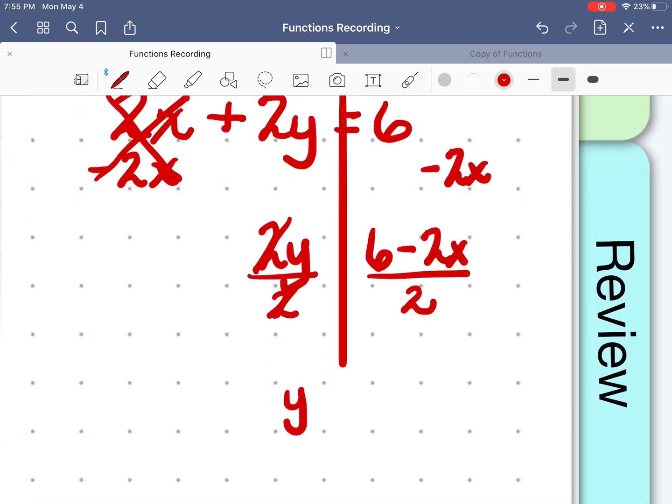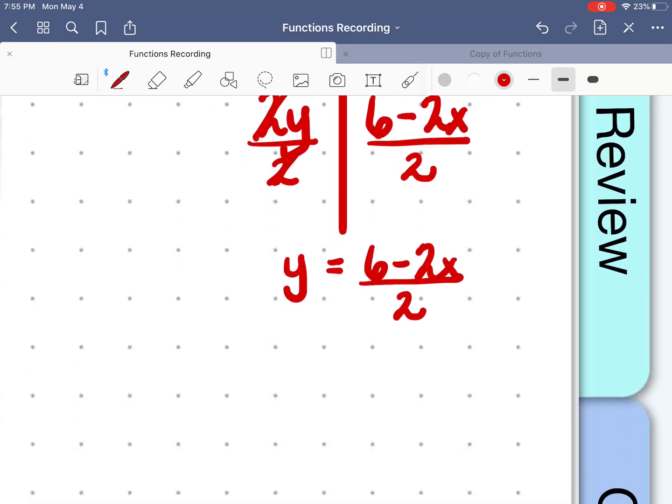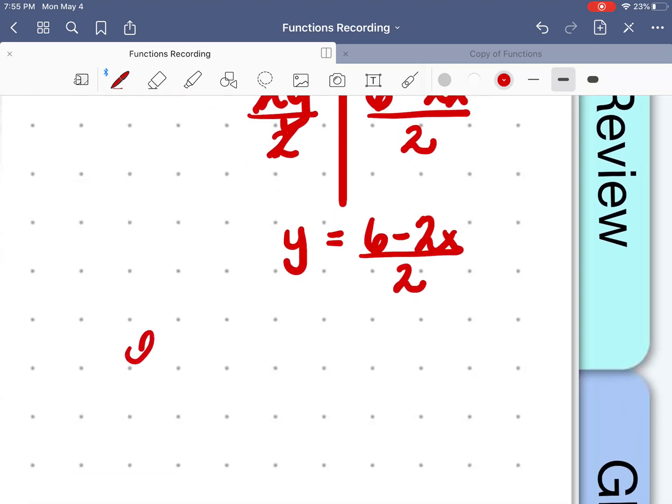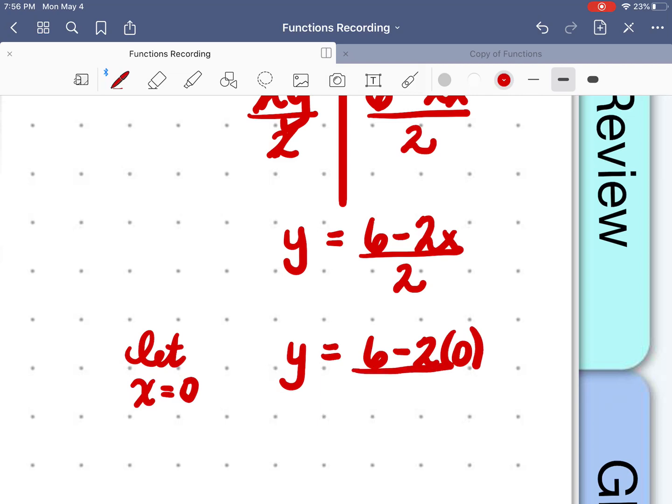So y equals 6 minus 2x, all divided by 2. I know this is bizarre looking, guys, just hang with me here. Now, if we want an intercept, let's let x be 0. So y equals 6 minus 2 times 0, divided by 2.